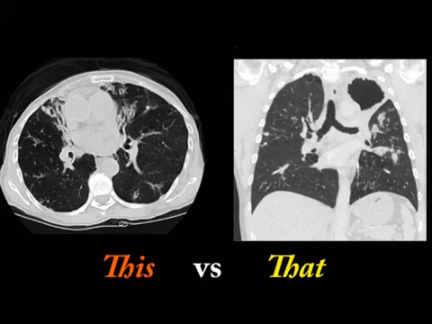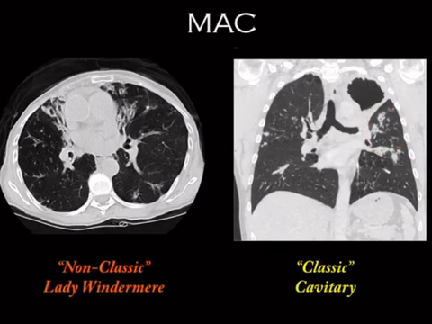We've got a cavity in the upper lobe apex and a bunch of tree-in-bud opacities. It sort of looks like an infectious process going on here. So these are both MAC cases, and it's two different presentations. One is the non-classic, or the Lady Windermere, versus the classic, or the cavitary type.